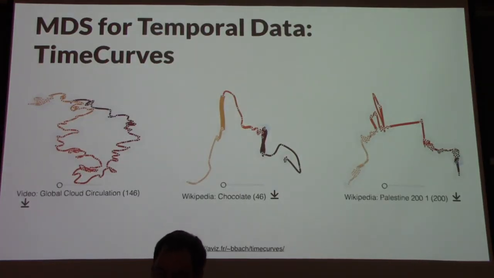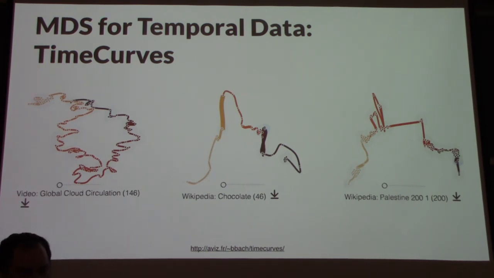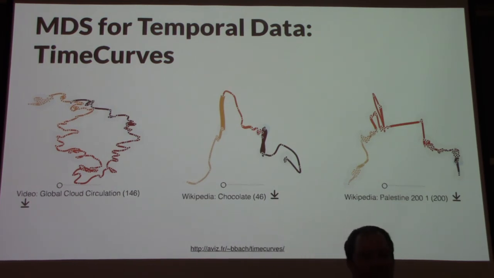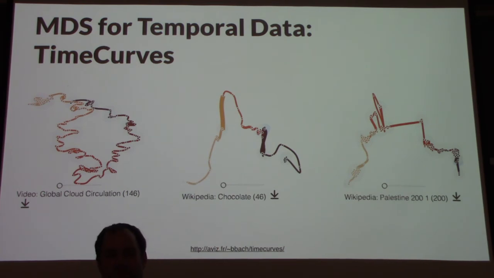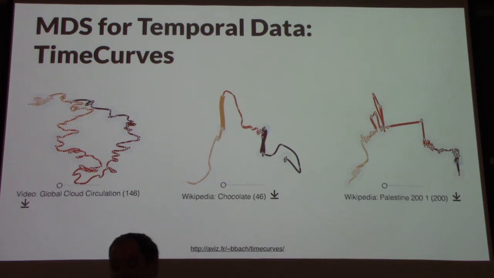And the final slide before we start with the exercise is a multidimensional scaling approach for temporal weather data. This was also last year at Viz. This is global cloud circulation, and what they did essentially is take temporal vectors, project all of them onto a plane, and connect them with a curve in sequence.